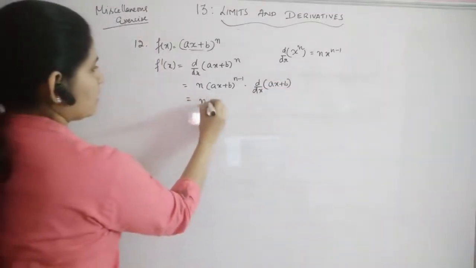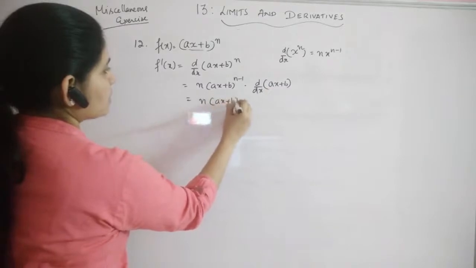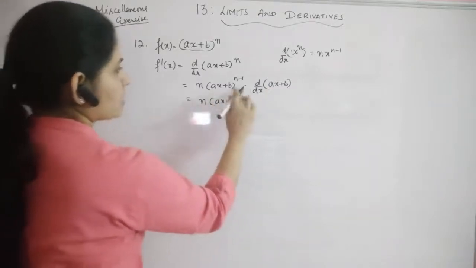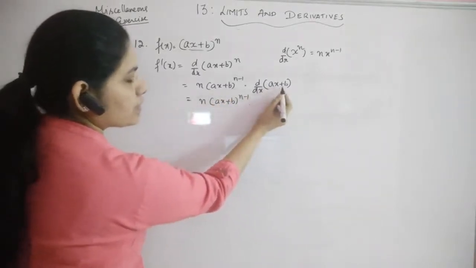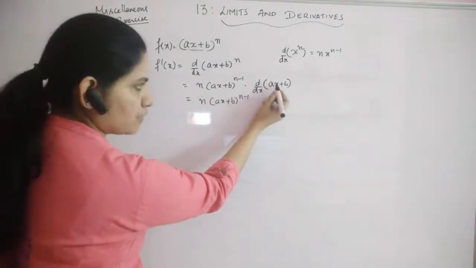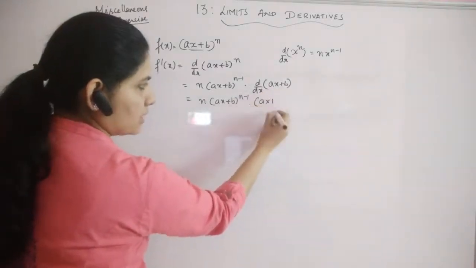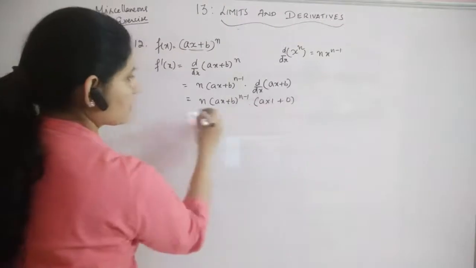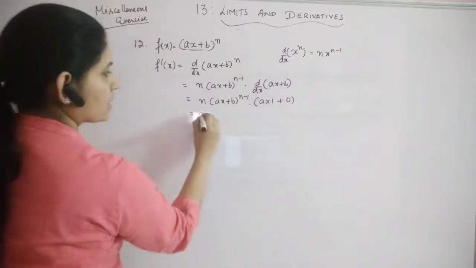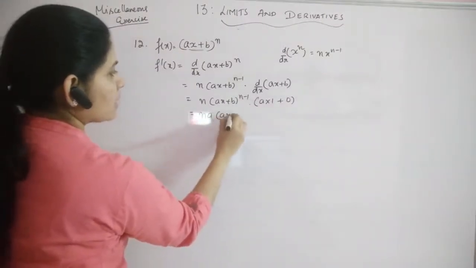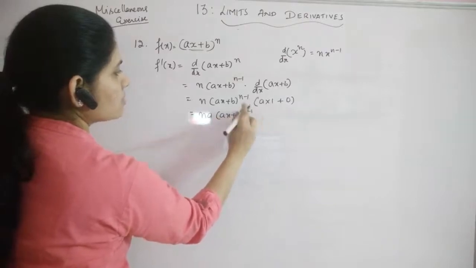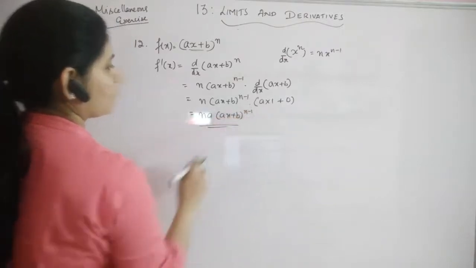So you'll get n into ax plus b the whole raised to n minus 1 into derivative of ax plus b, which will give you a into derivative of x, which is 1, plus derivative of b is 0. So you are getting here a. So the answer is na into ax plus b the whole raised to n minus 1.